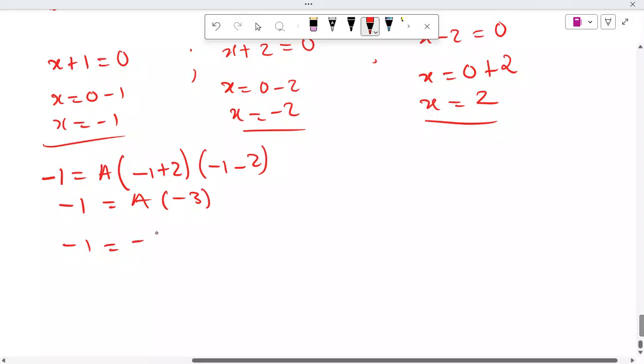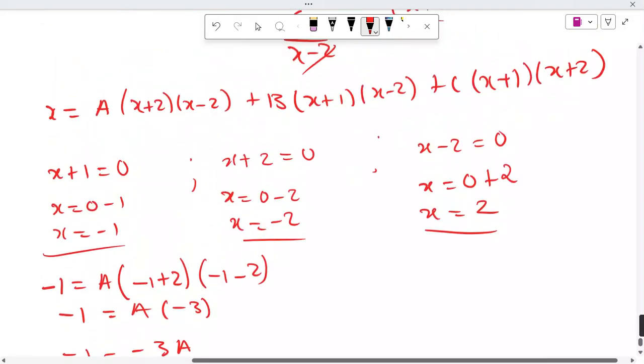So negative 1 equals negative 3A. Divided by negative 3, divided by negative 3, so A equals 1 over 3. Now this is x plus 2. We check in the equation which one has x plus 2. This has x plus 2, so this will be 0. Also this has x plus 2, so this will also be 0. So we are dealing with B only. Simple. Substitute x equals negative 2. So you say negative 2 equals, we are remaining with B only here.